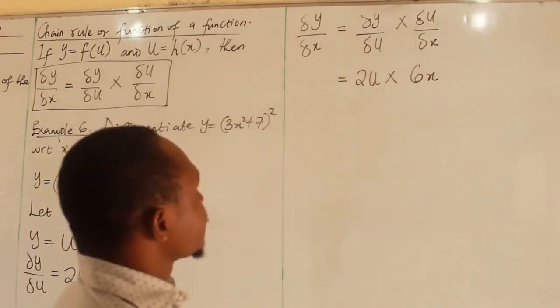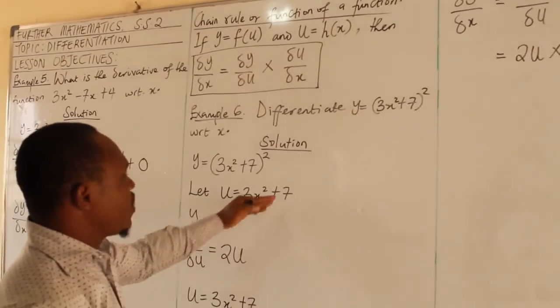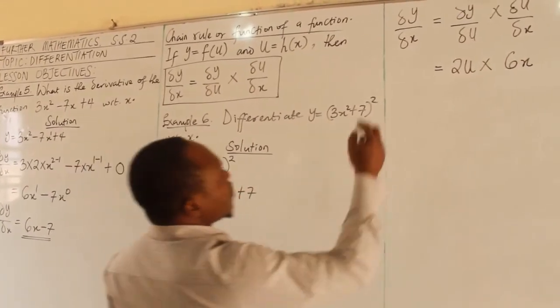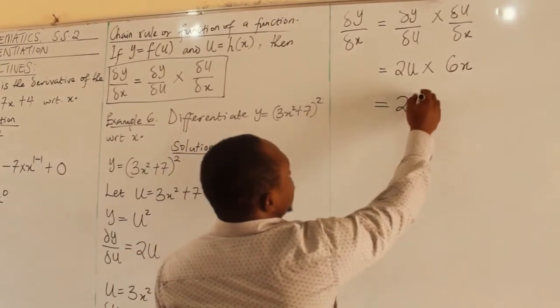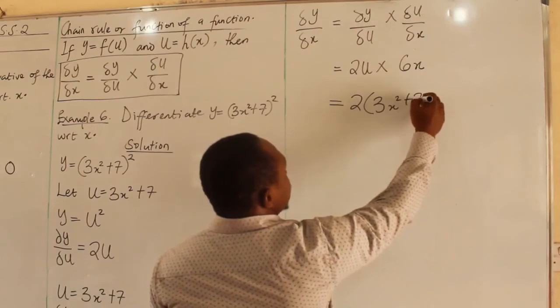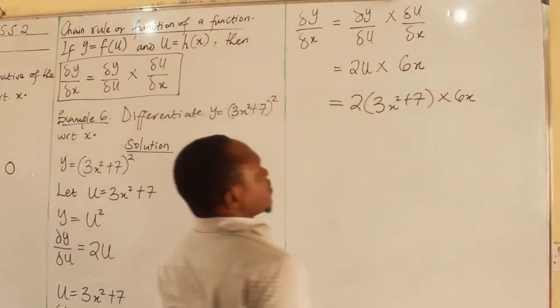But remember that we said let u be equal to 3x squared plus 7. So replacing u with 3x squared plus 7, we'll have dy over dx as 2 multiplying (3x squared plus 7) multiplied by 6x.